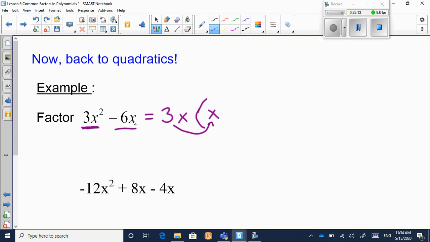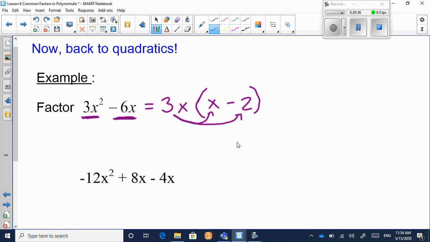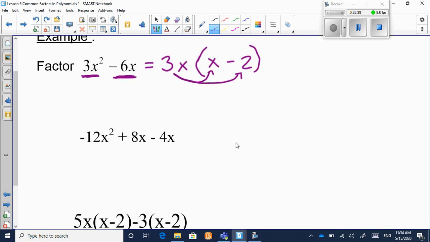And then 3x times what would give me negative 6x? Well, it would be minus 2 would give me the negative 6, and I don't need an x term. There you go. So that times that gives you the negative 6x. So this is how we use the greatest common factor in quadratics, is we use it to pull out what's shared. Let's try this one.